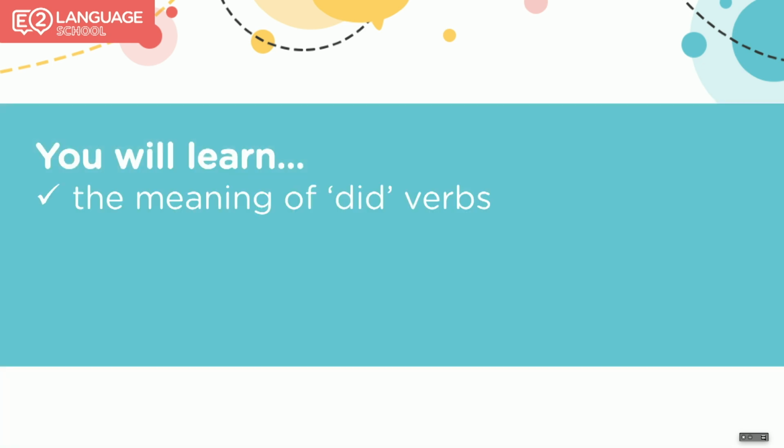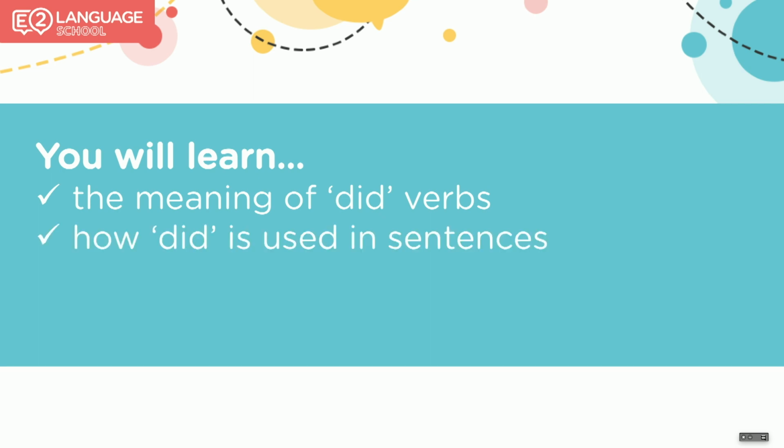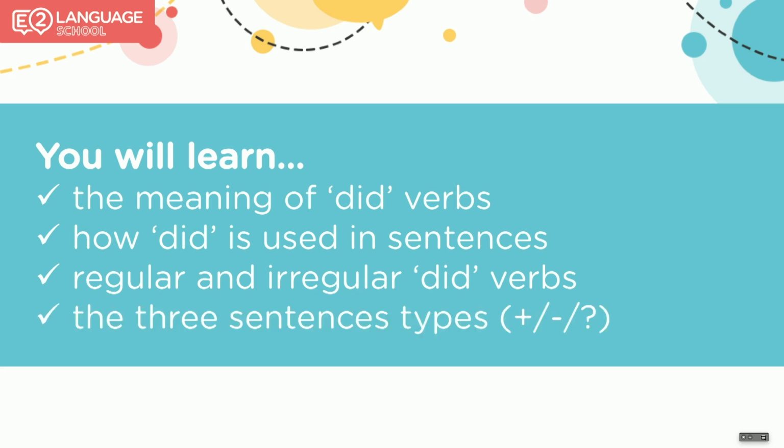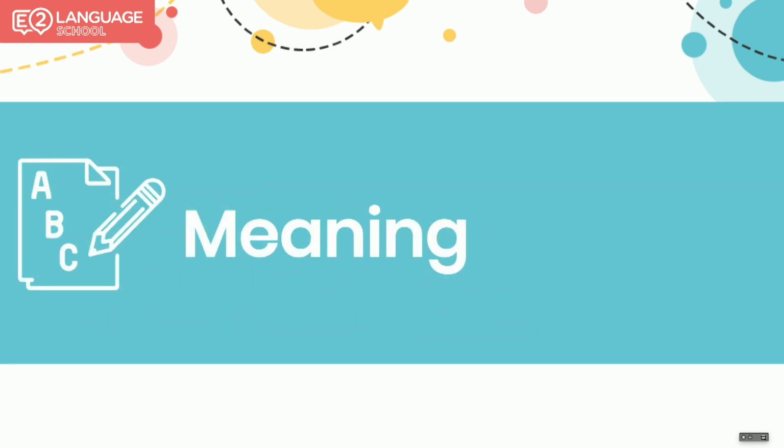Specifically, we will learn the meaning of did verbs, how a did verb is used in a sentence, regular and irregular did verbs, and the three sentence types: positive, negative with a not, and question sentence types.